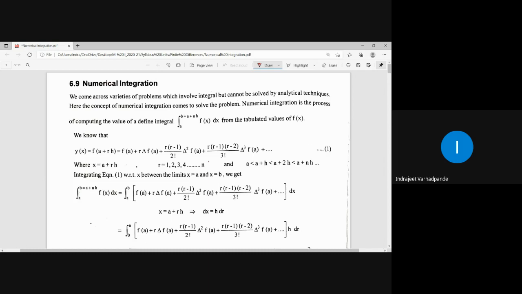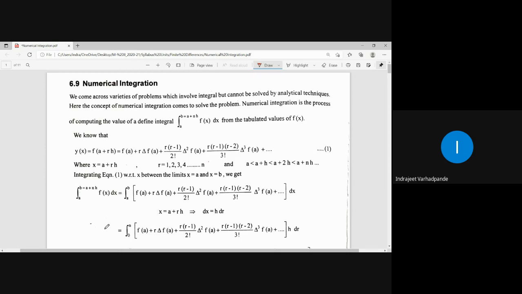These are arguments which have a common interval, and therefore in these formulae also we will be interested in calculating the number of parts, how many parts we can equally divide that interval into, and what the common difference can be. So why is numerical integration to be studied?